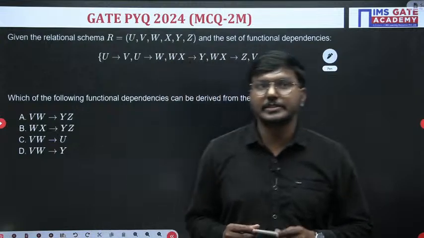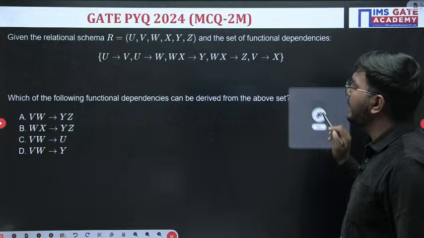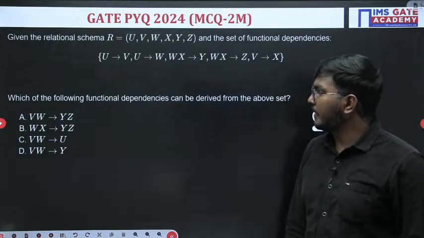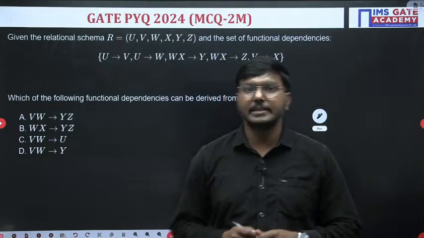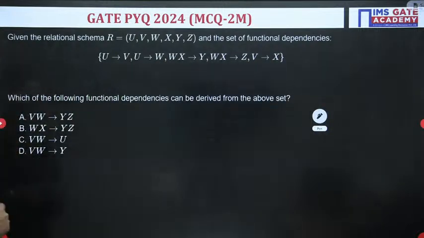The first question is from GATE 2024, an MCQ of 2 marks. Very easy question, based on the functional dependency concepts. See here how to solve these questions quickly. Read the question once again.